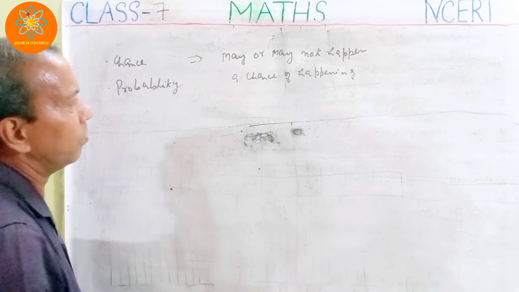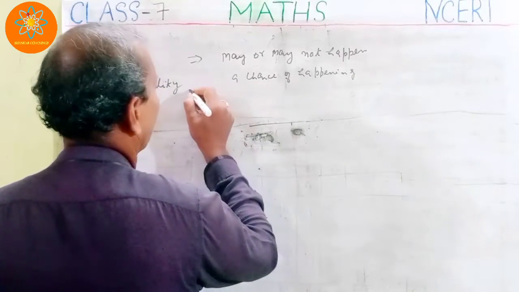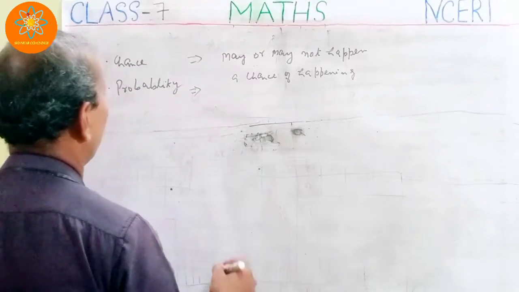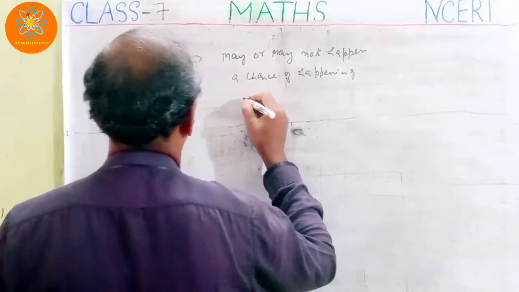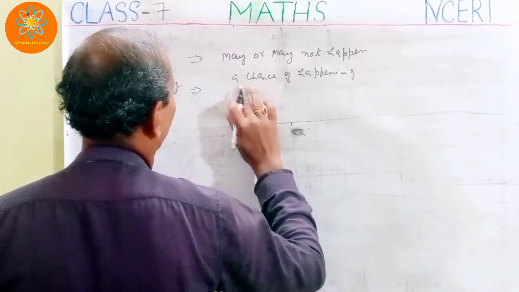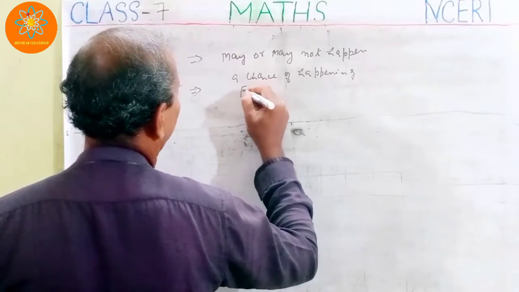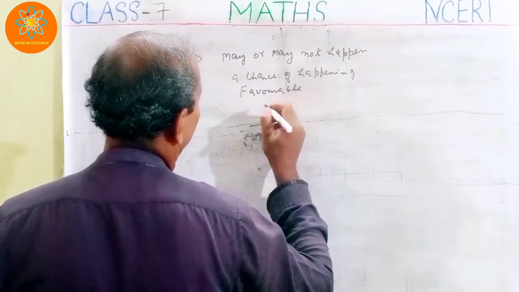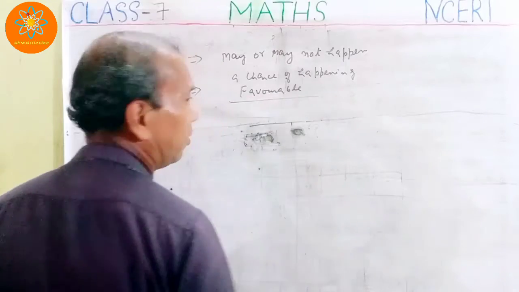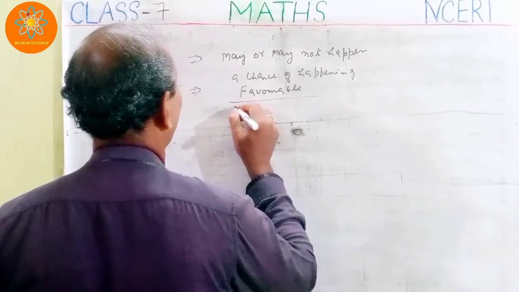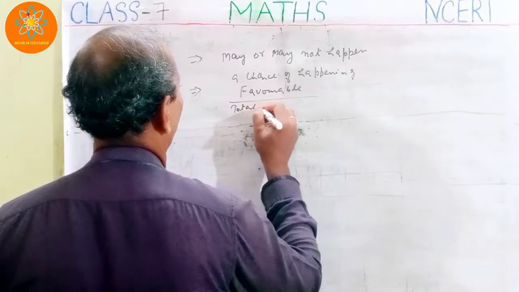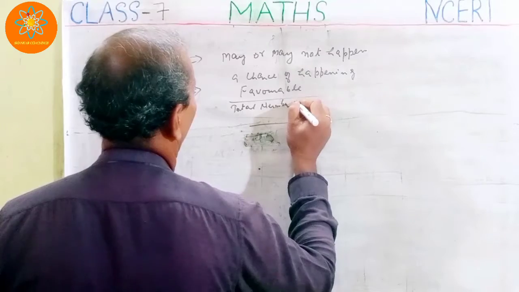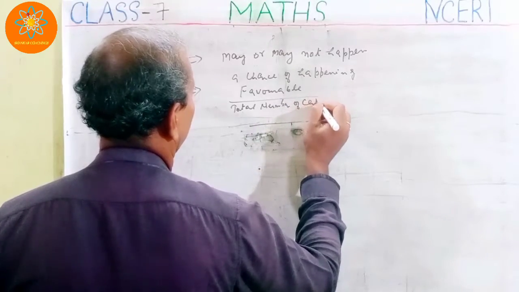Now, the last one is probability. Probability means favorable cases divided by total number of cases.